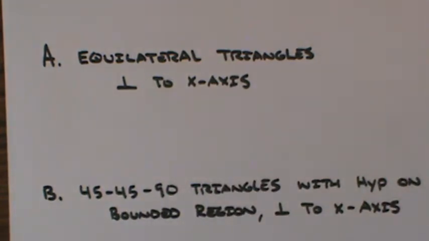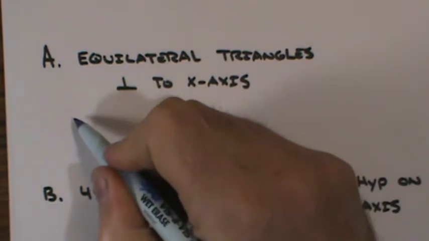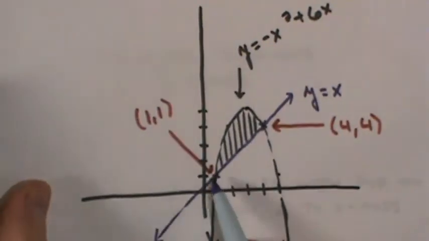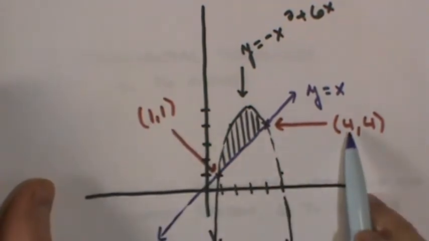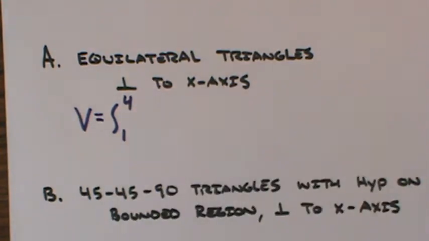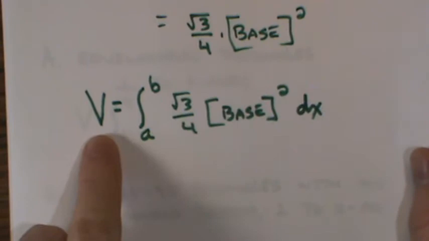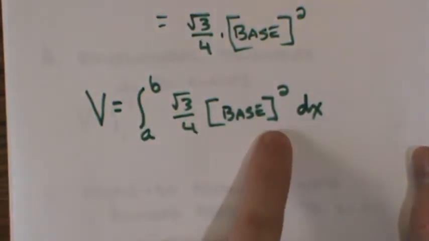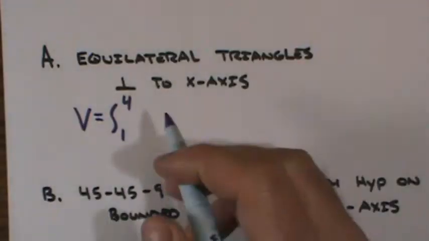Now as I look at my drawing, I can say that the volume will equal the integral. It starts at x equals 1 and it would end at x equals 4. So I'd say from 1 to 4. Now for an equilateral triangle, in the previous video we established this universal formula. We said that the volume would go from A to B of rad 3 over 4 base squared dx. And I showed how that was developed. So all I have to do is recycle that.